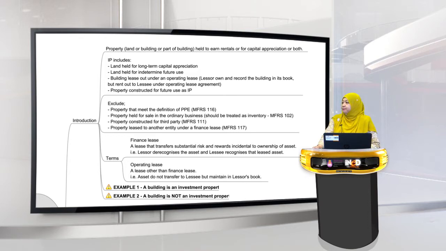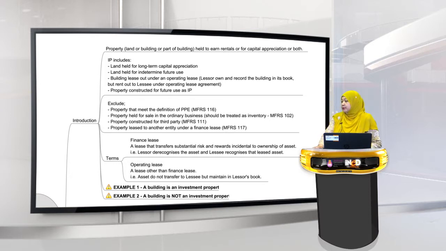For example, if we have a property and we have a finance lease to another person, we call them the lessee. So when we agree to a finance lease, it means that we have transferred the risks and rewards to the other person. So all the recording of the transaction will be the responsibility of the lessee.